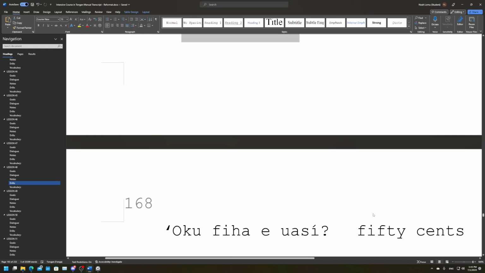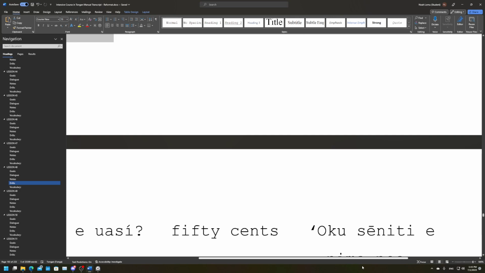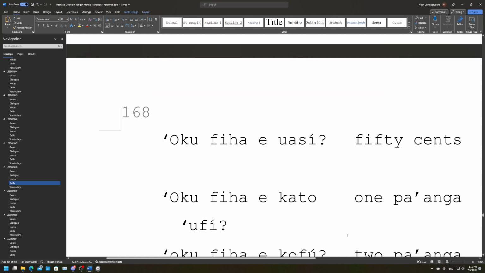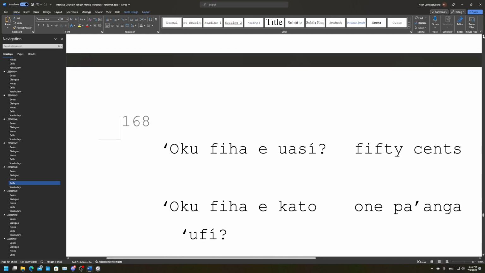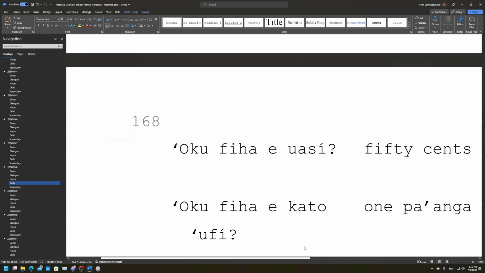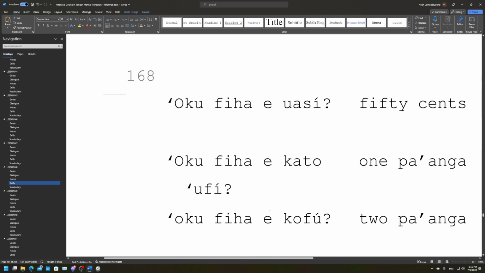Okay. Ako lea, okufiha wasi. Correct. Okay, inimino. Yoshikula, okufiha kato ufi. Yeah, correct. Oku pangai taha. Okay. Ako lea, okufiha kofu.